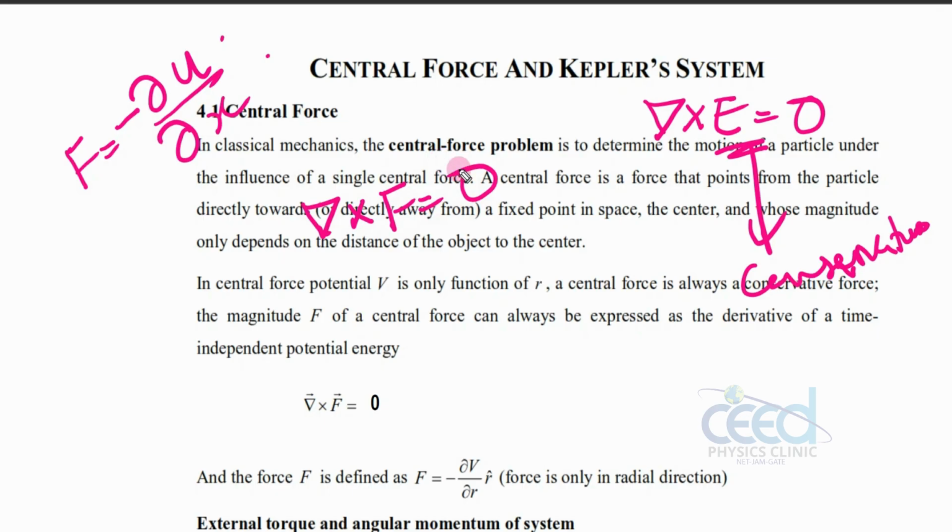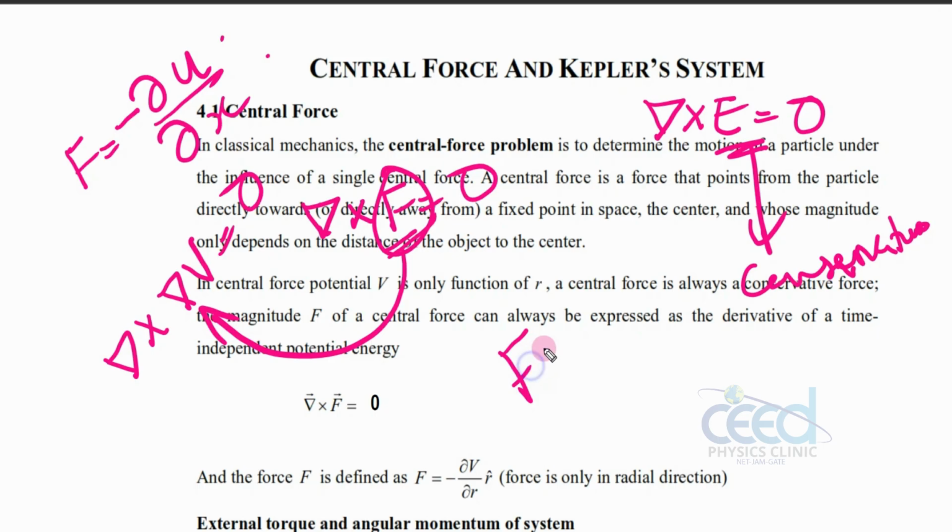Right. If del cross F is equal to 0, in mathematical methods in physics we studied that the curl of a gradient of a quantity is only 0. Then F must be the gradient of some function. That is why I said F is equal to minus dou U by dou x.